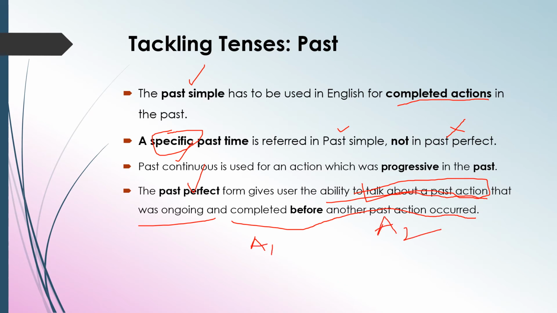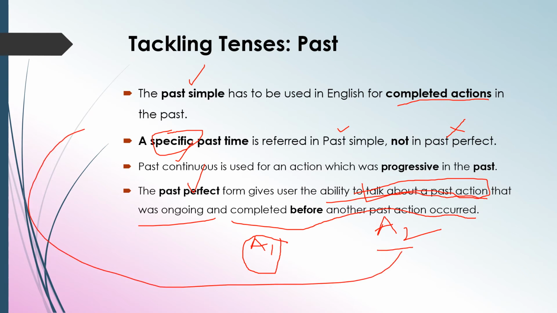Many things cannot start and finish simultaneously. So maybe one thing started, then another thing started and completed. So action 1, which happened before the past action, is referred to as past perfect, and action 2 is referred to as past simple. That's as simple as it is.